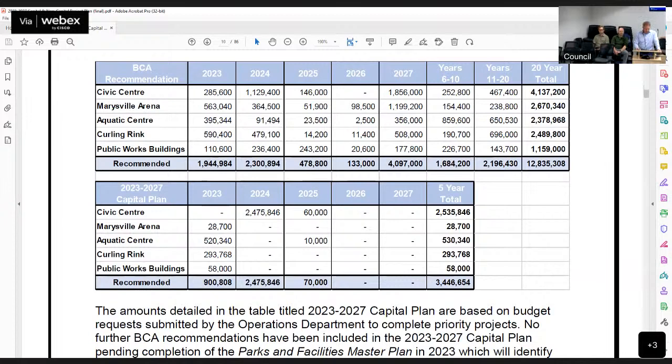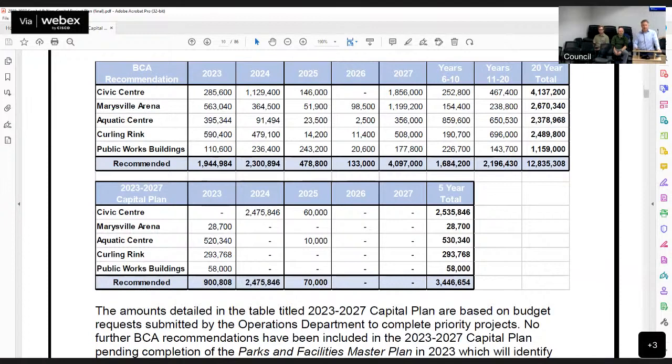So the funded amount then, just for clarification, Jim, for 2023 is $900,000. That's correct. Yeah. Thank you. There's also some projects in non-capital as well. For example, in the Civic Center, there's another, I think it's $105,700. It's comprised of a bunch of smaller projects.